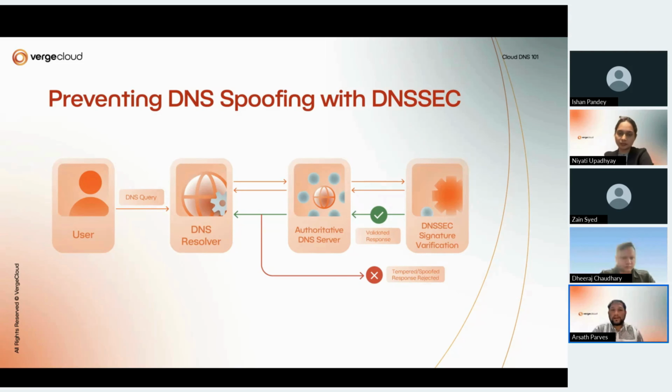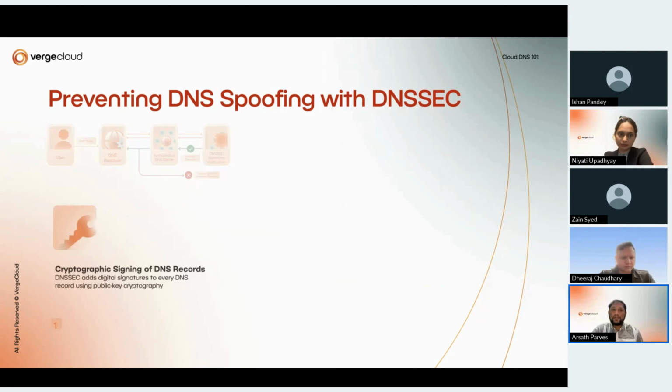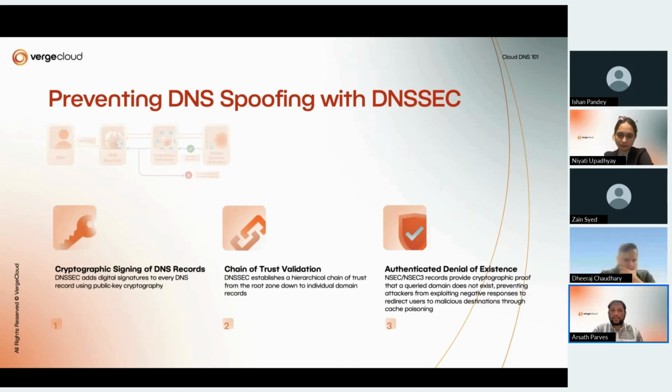So basically, what DNSSEC will do is first sign all the responses from the authoritative DNS service using a public key mechanism. DNSSEC has something called the DNS key. Through this DNS key, all the records, all the A records, all the DNS records will get digitally signed.